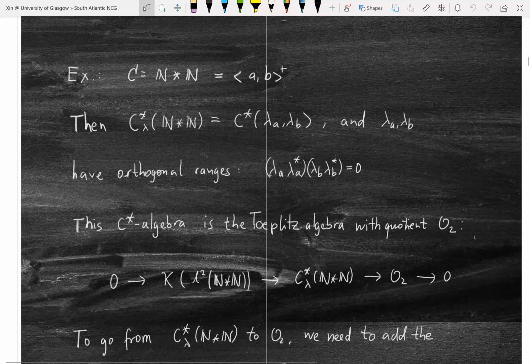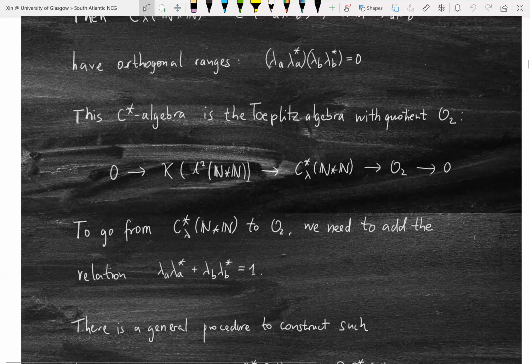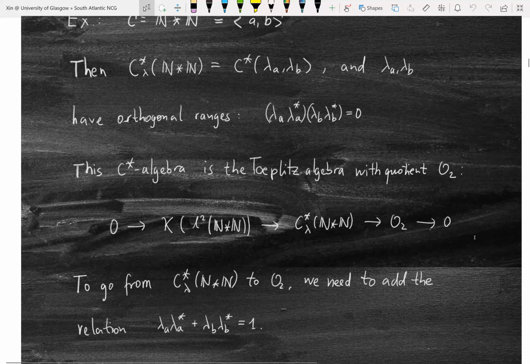So this is the relation between our C-star algebra and O2. What this tells us is that typically the C-star algebra we construct from the category is interesting, but sometimes it's even more interesting to look at such quotients like O2.